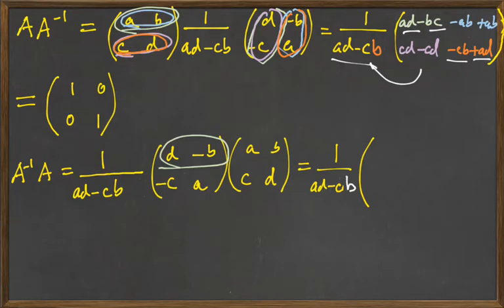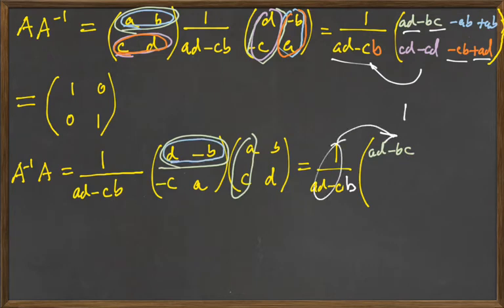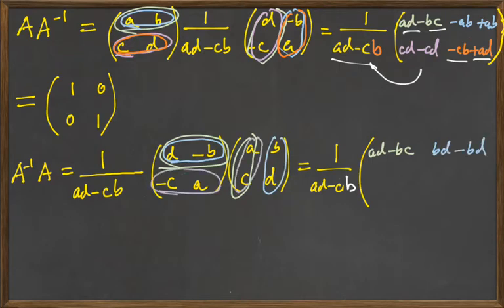Alright, so we're going to do D and negative B times A and C, so we get AD minus BC. And so when we distribute this in here, that's going to make a 1. And then we'll do D and negative B times B and positive D, so BD minus BD. Negative C and A times A and A, and negative C and A times A and positive C. So that gives us negative AC and then plus AC.